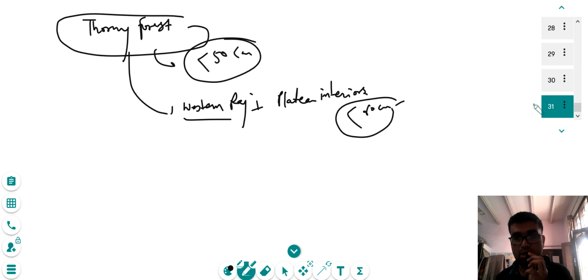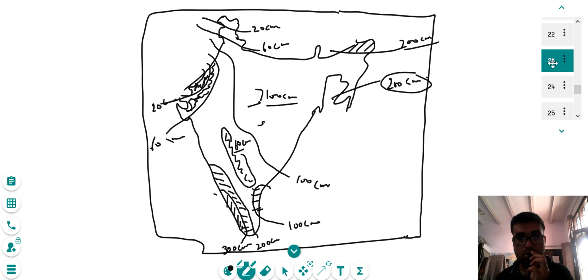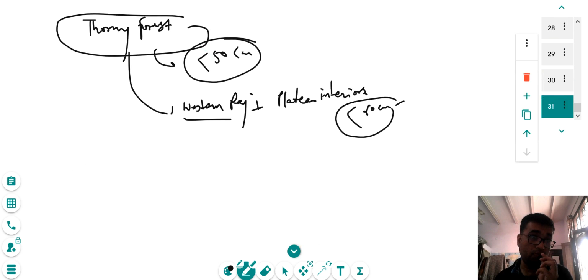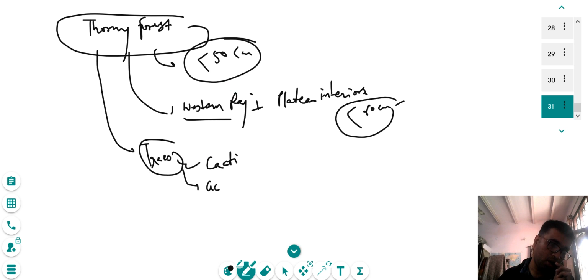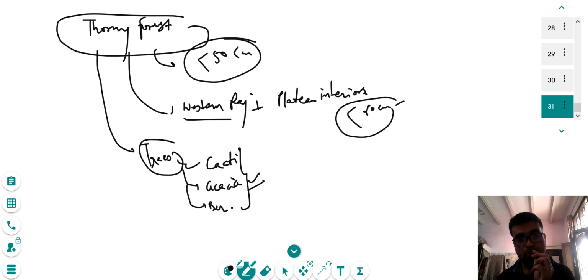In the map that we made, the thorny forest is found in this region also. The trees found in this forest are cacti, acacia, and ber. So these trees are found in this thorny forest.